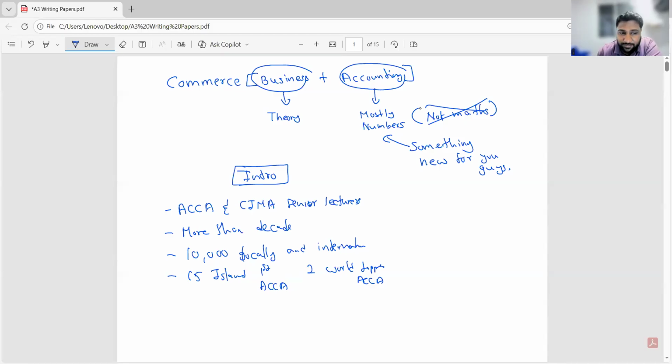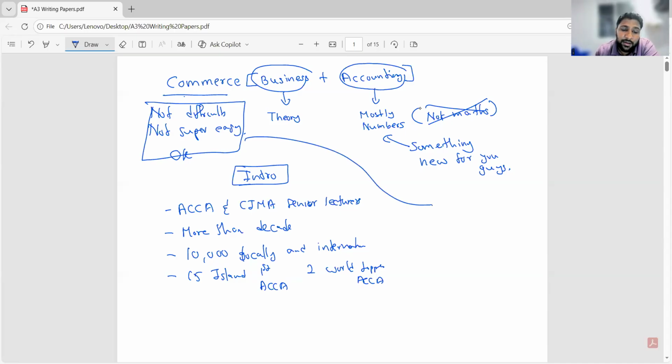About the subject commerce, I would say this is not a difficult subject, and not super easy either. It is an okay subject where, if you focus and study everything properly from the beginning, you can go for that A that you want. But from the beginning, you have to do everything properly, one by one.